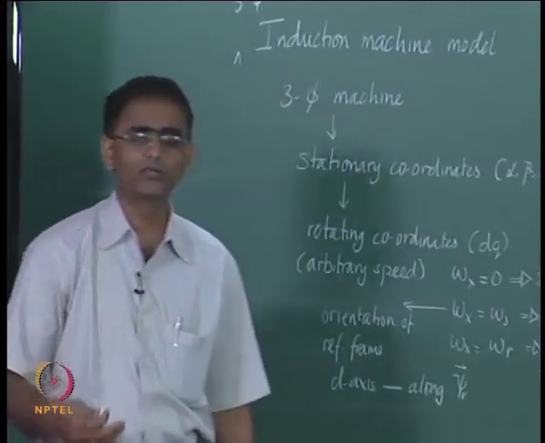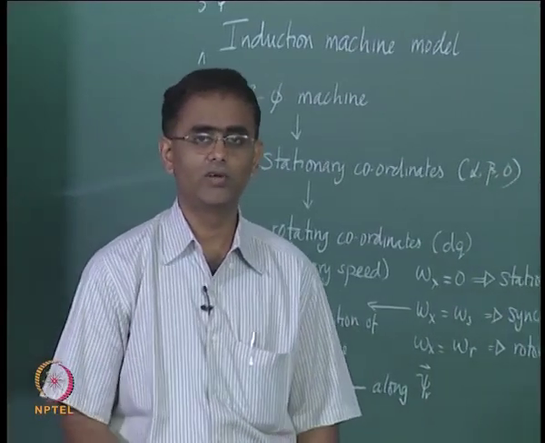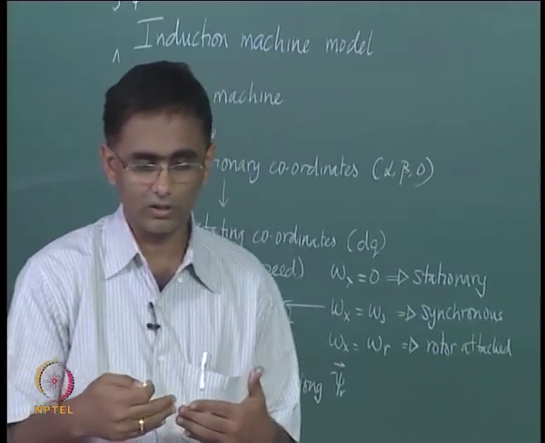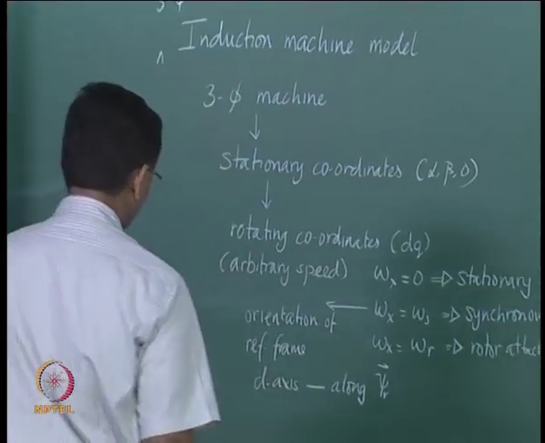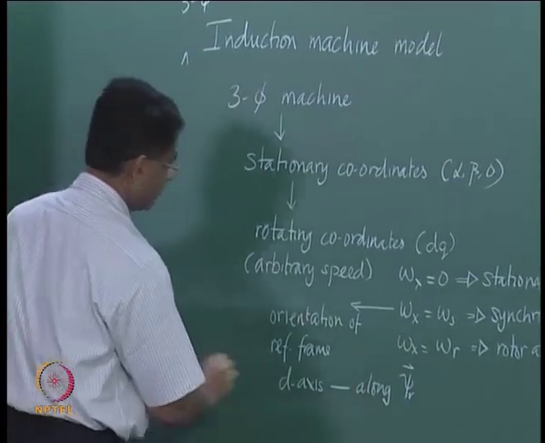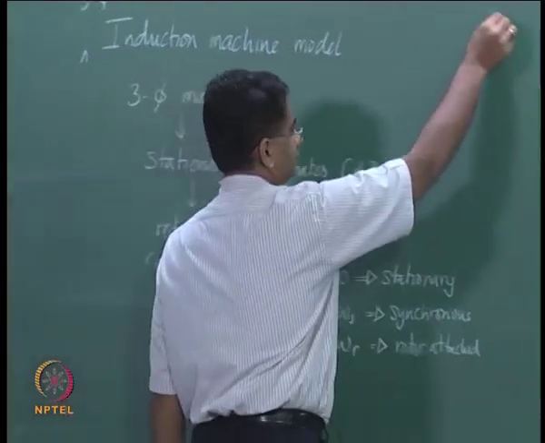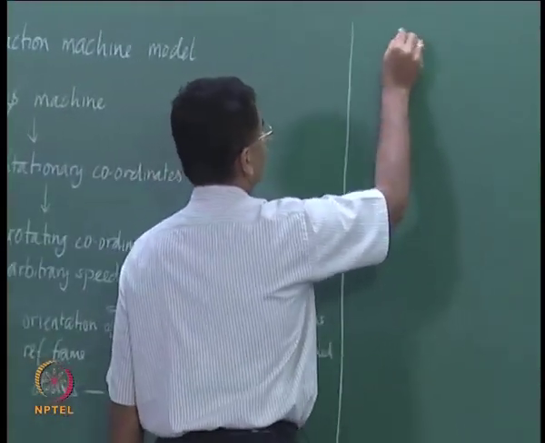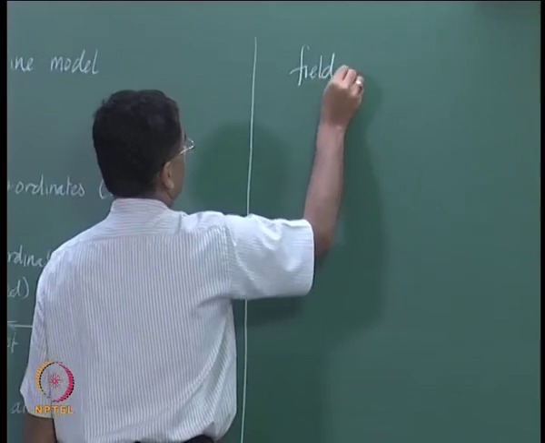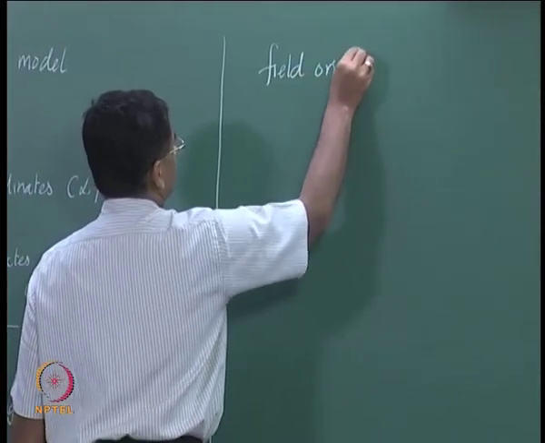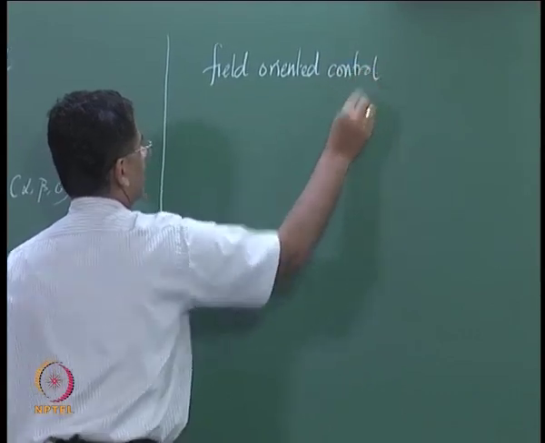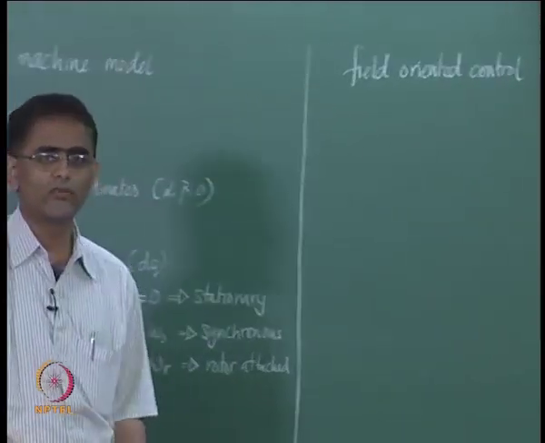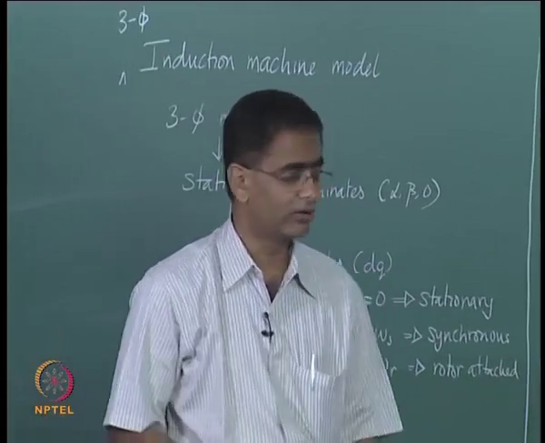and that resulted in certain simplifications, and therefore from then on we had said that this is the basis of what is called field oriented control of machines. It's more of reference frame orientation rather than field orientation.